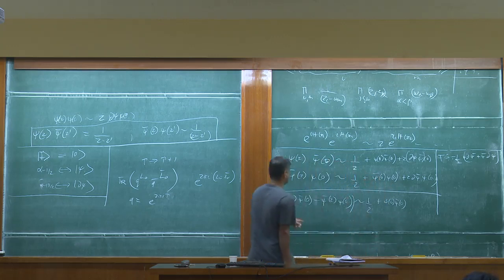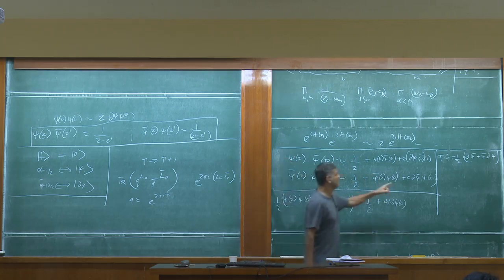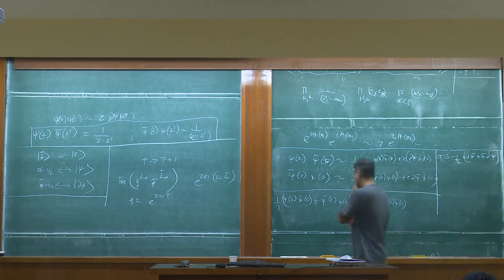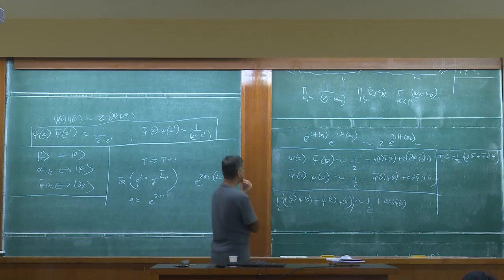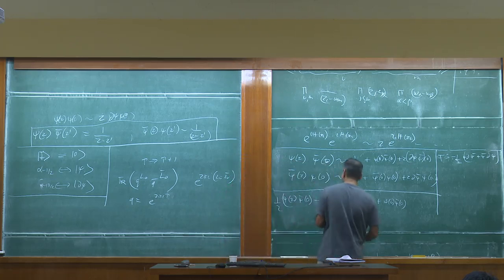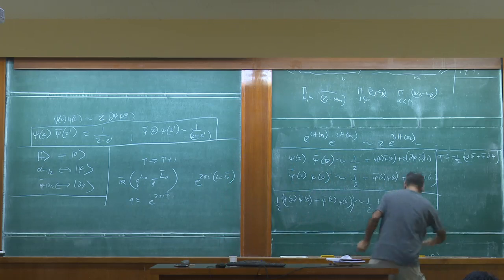No, I shouldn't have taken plus because then I will cancel things. I want plus, you're saying? Yeah, if you add 1/z plus 1/z, right? If you subtract, it is 1/z minus 1/z. Then maybe I don't want the 1/z.